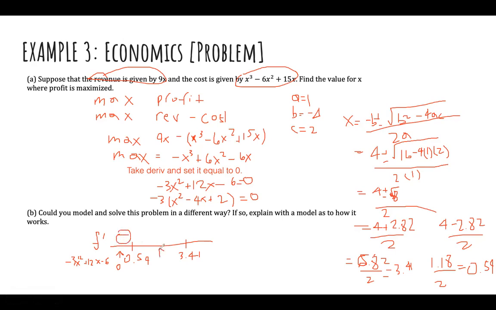If I plugged in 1, so if I did -3 times 1 plus 12 times 1 minus 6, I'd be at a positive.